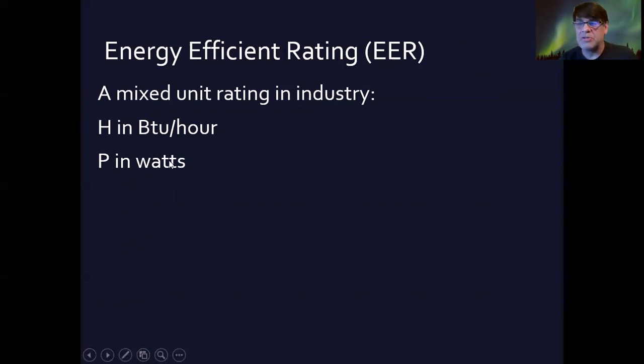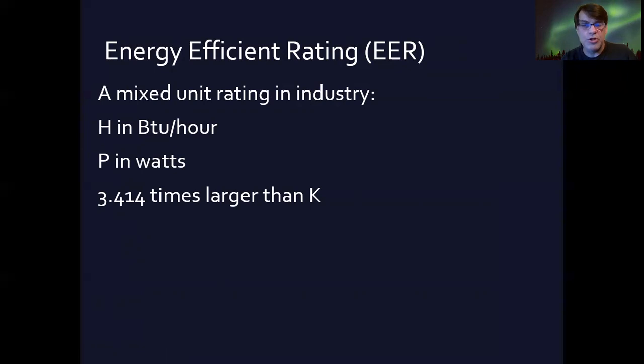A watt is a standard unit. BTU is a British unit. It's not the scientific unit standard usually. So basically, if you do the conversion, the EER rating is going to be 3.414 times larger than the coefficient of performance that we might prefer in physics.